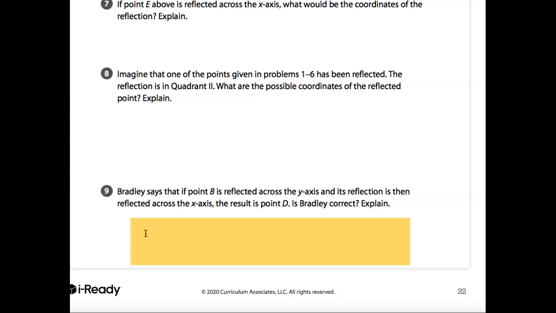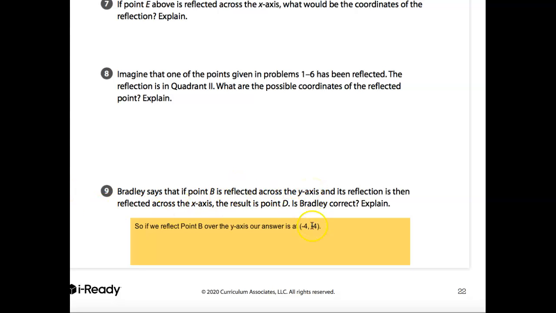Now, if we reflect point B over the y-axis, our answer is (-4, -4). Okay?